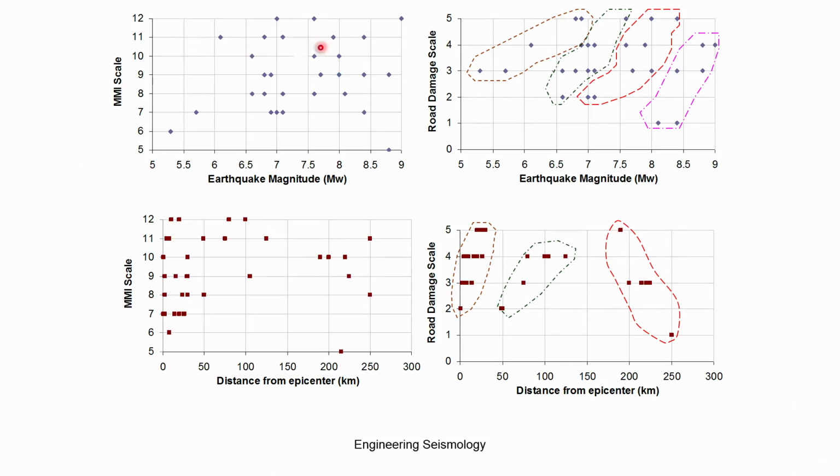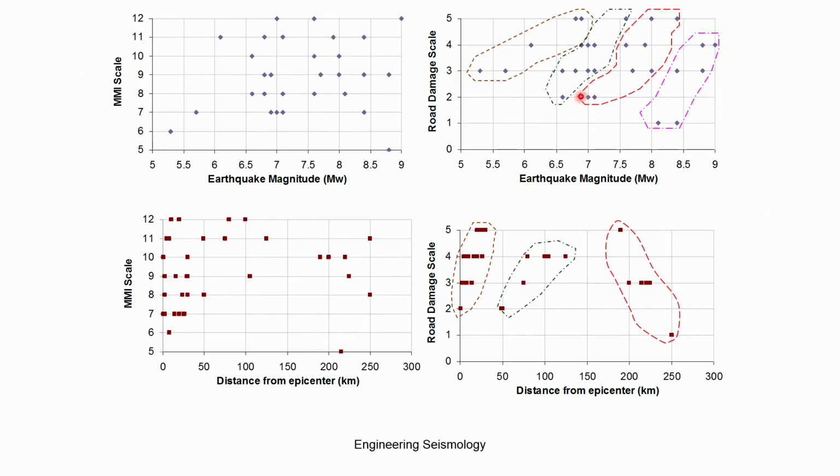You can see it was scattered, and not much trend has been observed. With distance you can see some trend, but not much uniqueness with respect to the MMI scale, which was previously used to describe road damage, even though this scale is not suitable for roads. Okay. Then the RDS scale.